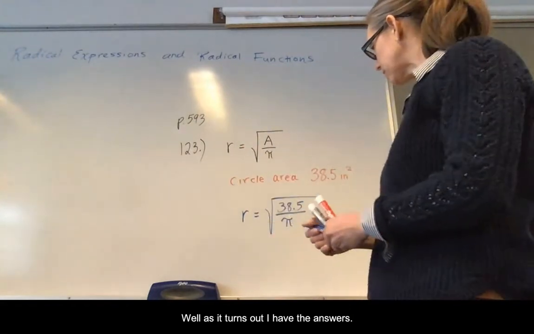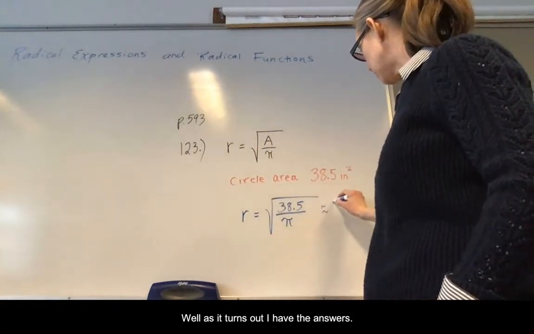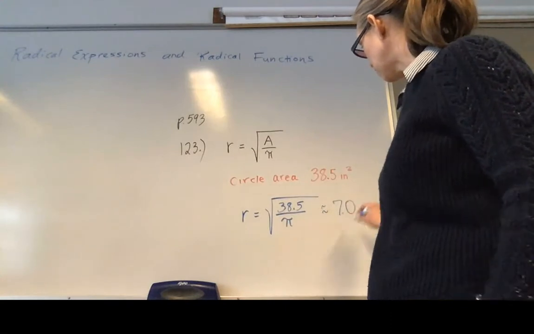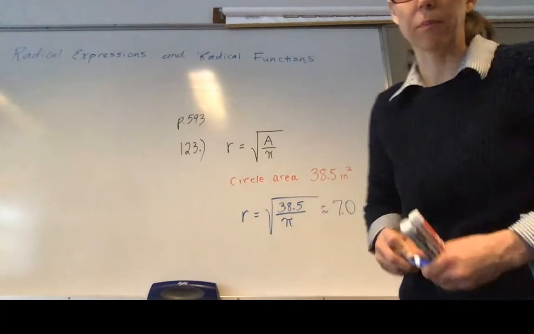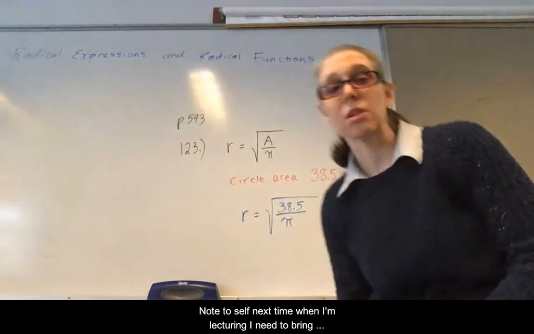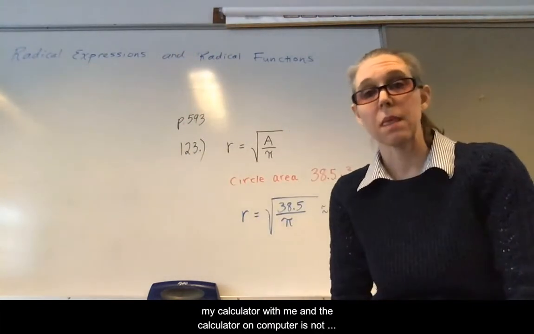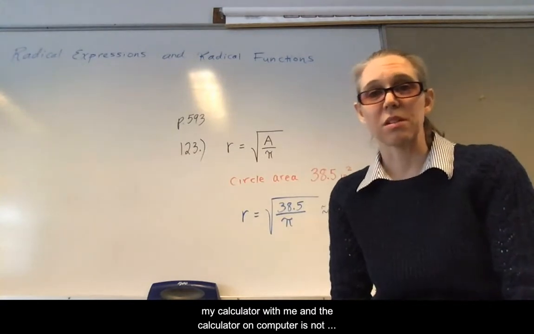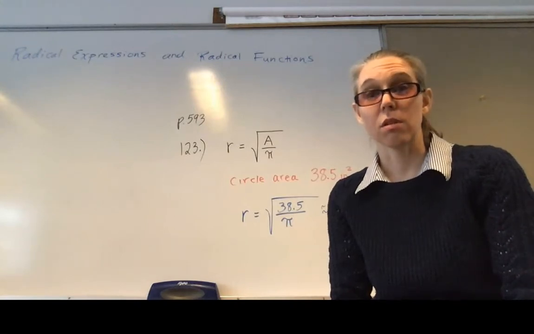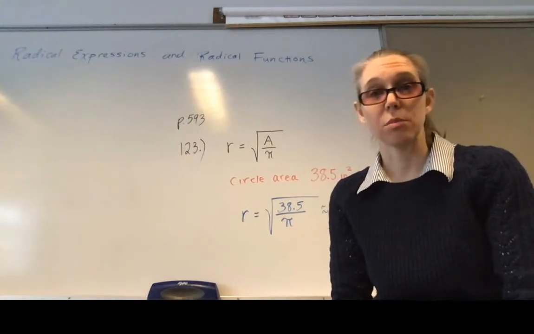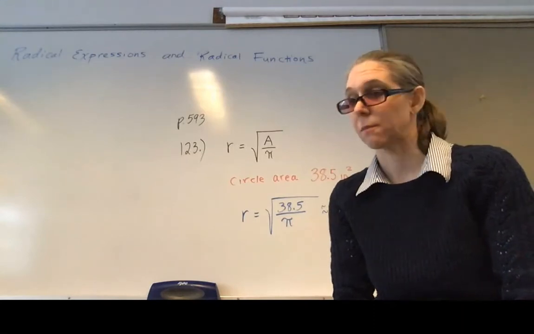So if you were to type this in the calculator, and you were to round to the nearest tenth, it's going to be 7.0 inches, and so you can determine it that way. But note to self, next time when I'm lecturing, I need to bring my calculator with me. And the calculator on my computer is not adequate right now because this application that I'm using to record has taken over my screen and will not allow me to multitask with other applications.